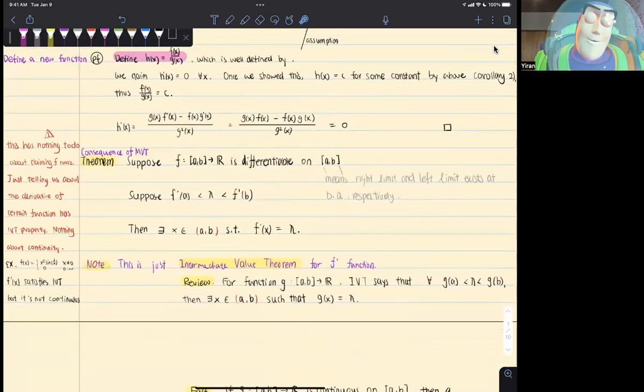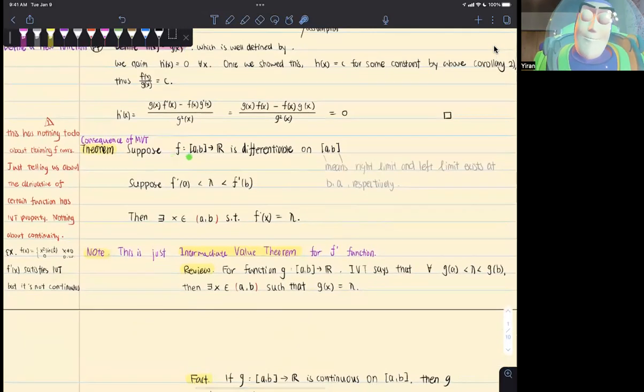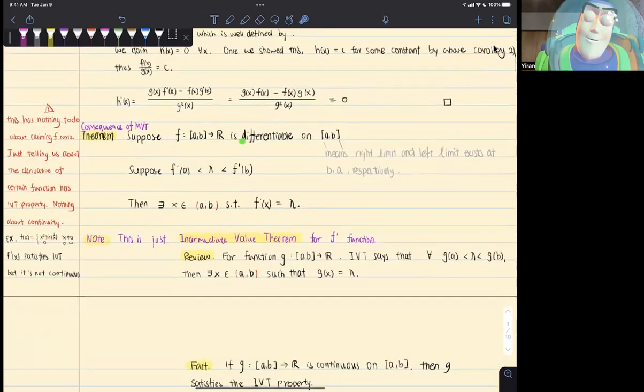Okay, so the next consequence of the mean value theorem, I call it the intermediate value property of derivatives of functions. So suppose f from the closed interval [a, b] to R is differentiable on [a, b]. And of course, when I say differentiable on a closed interval, I really mean at the extremes it is a one-sided limit.